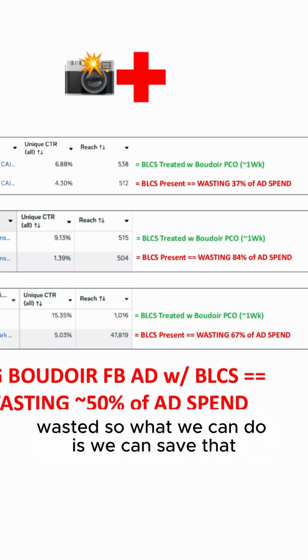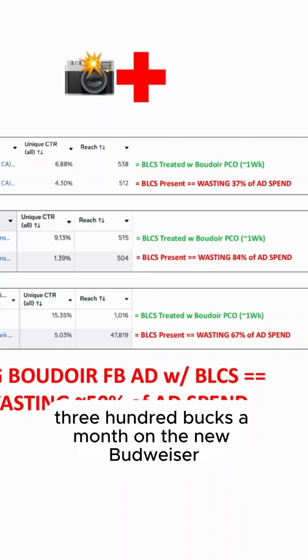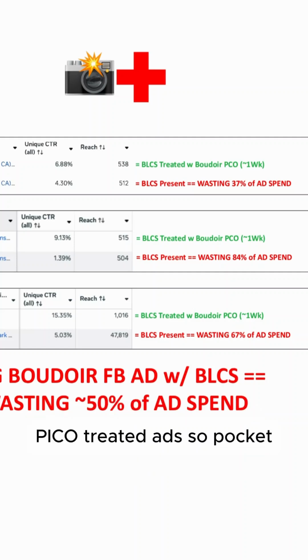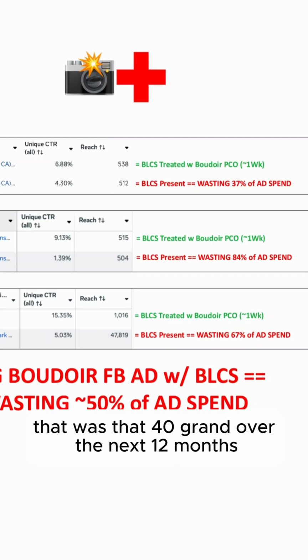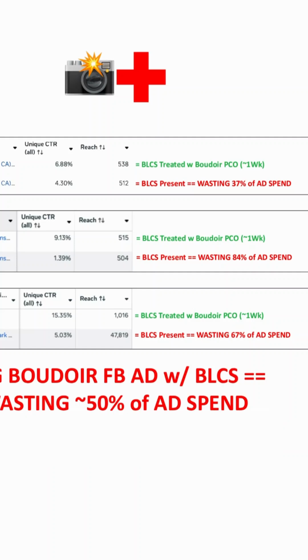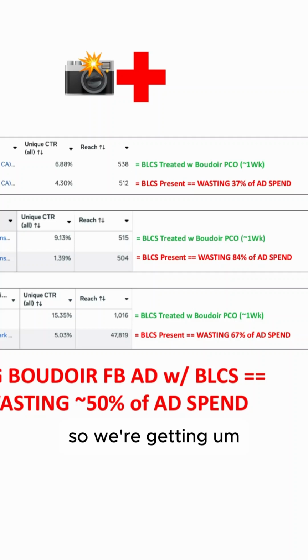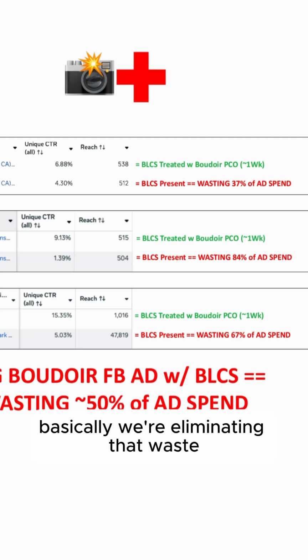So what we can do is eliminate that wasted ad spend, only spend 6,300 bucks a month on the new Boudoir PCO treated ads. So pocket that, what's that, 40 grand over the next 12 months, kind of phantom profit back in the business owner's pockets. And that will get our ad into the same number of women's brains as running the original ad at 10 grand a month.